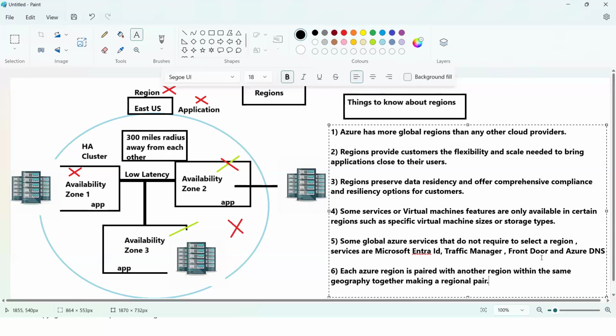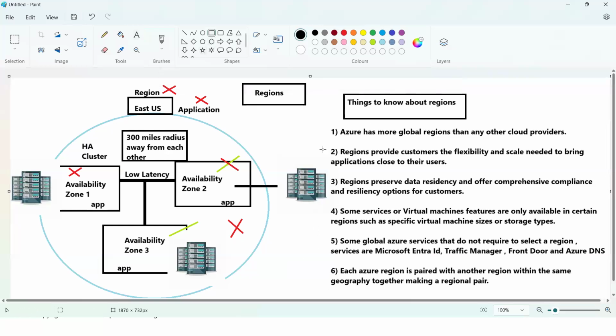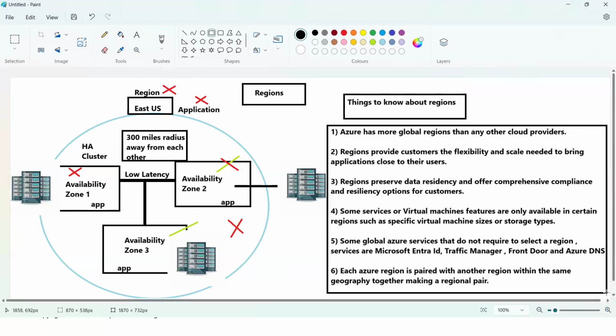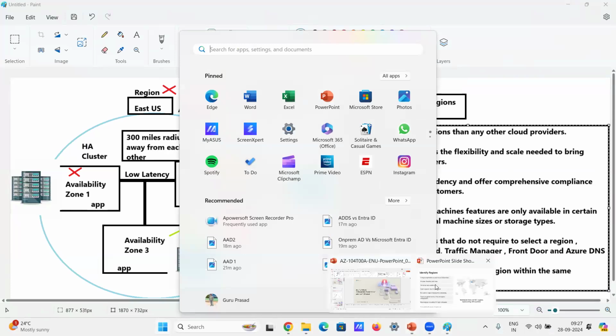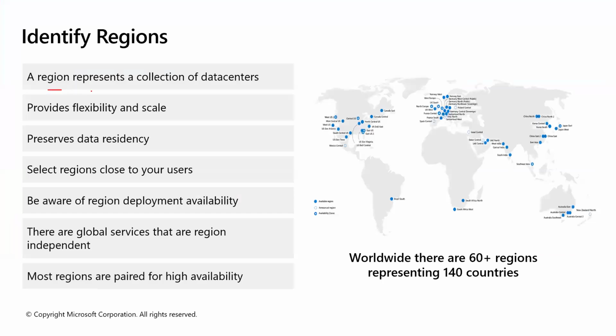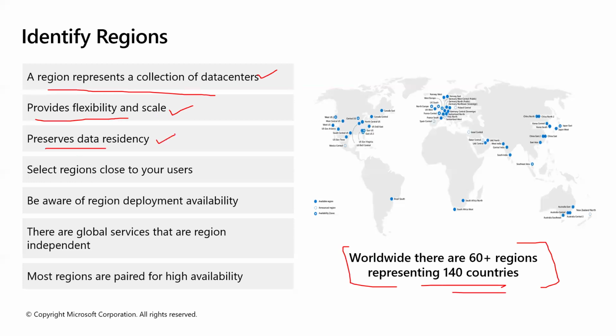So ensure that when you think about Azure regions, you plan all this. When it comes to regions, they represent a collection of data centers, providing flexibility and scalability. Worldwide there are around 60 plus regions covering 140 countries, and it preserves data residency, especially for Azure Government and defense.